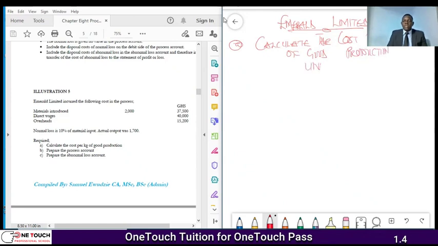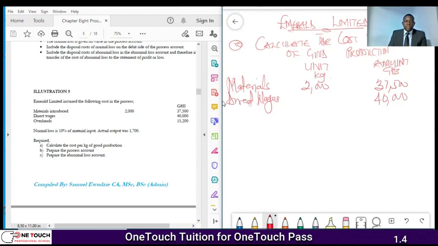So you have the units, you have the amount, you have this kg. Now let's look at the materials introduced. The materials put into the process was 2,000 kg at a cost of 37,500. We have direct wages of 40,000. We have overheads of 15,200.